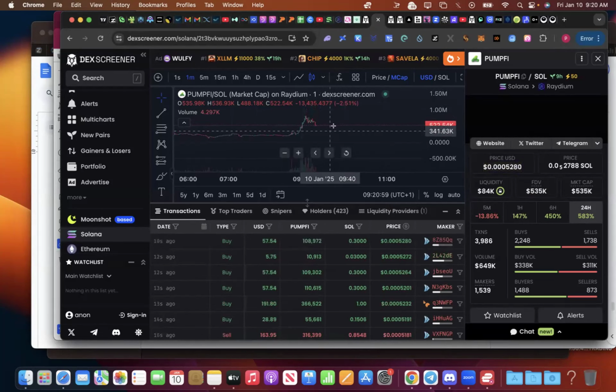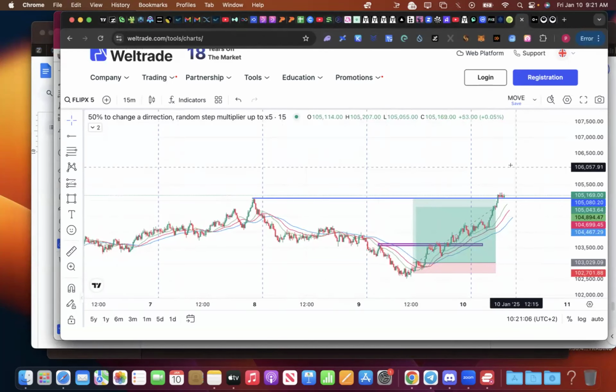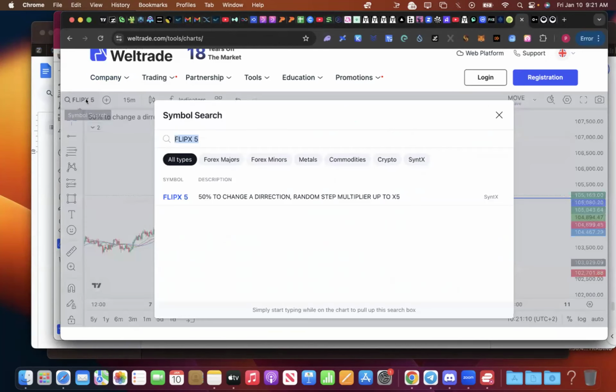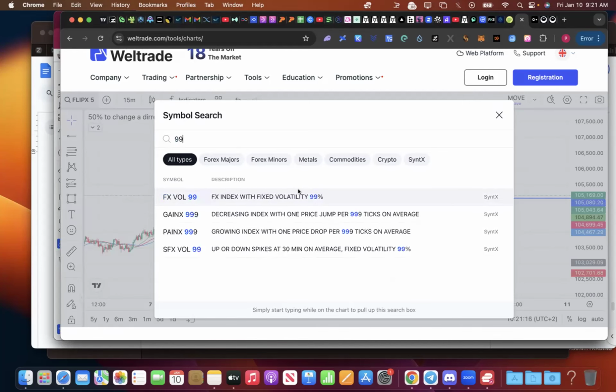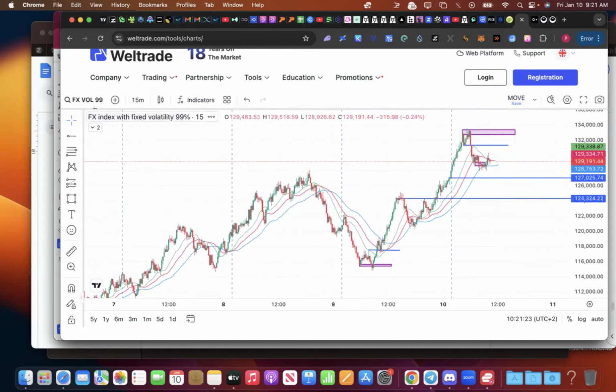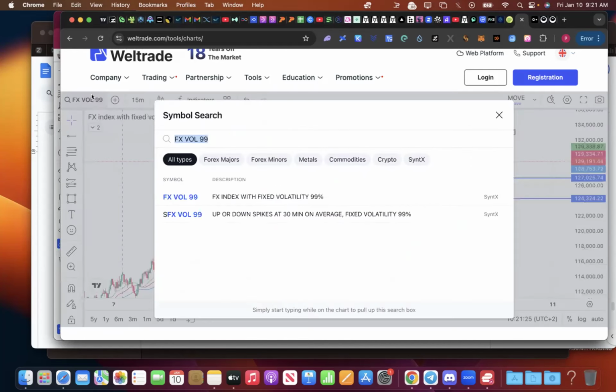Okay, so what we do on WellTrade is that we are trading volatility instruments, right? You can see, those instruments, we are trading volatility instruments. My best two instruments are FS Vol 99 and FS Vol 80.